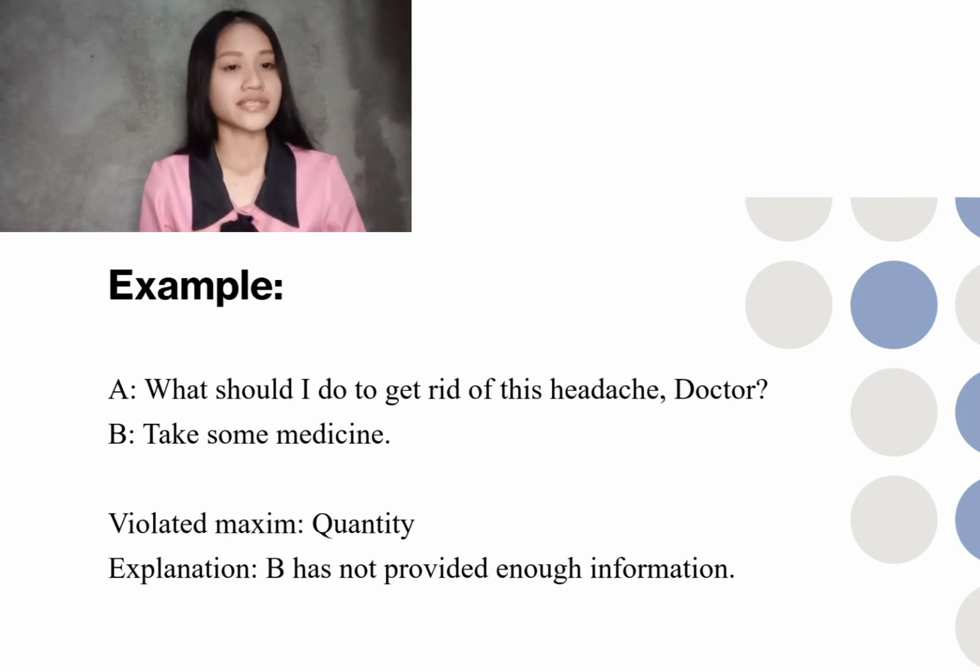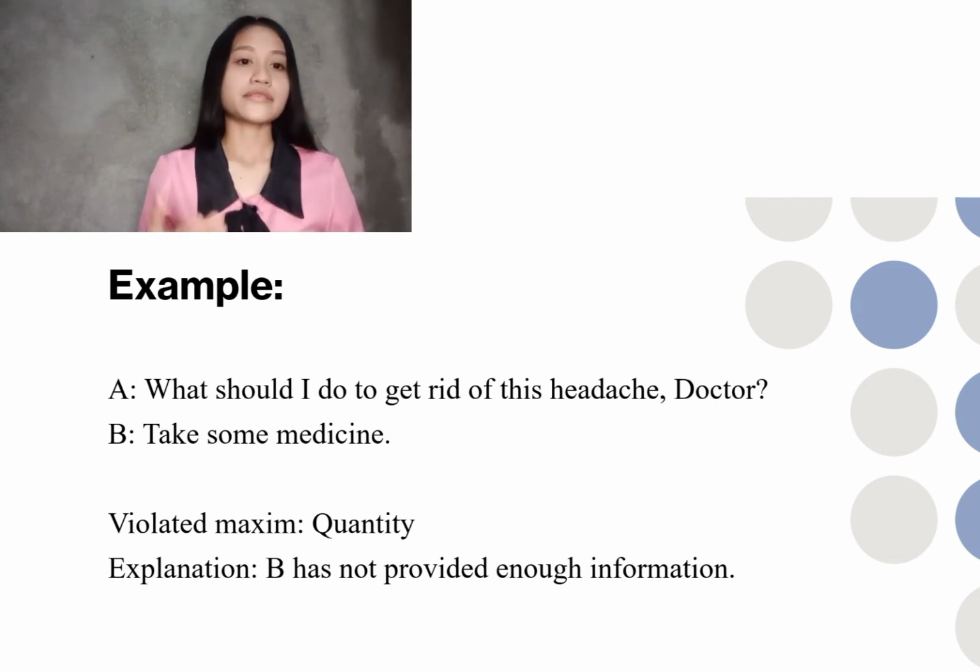We can consider A the patient, asking what to do to get rid of the headache, and the doctor just says take some medicine. So he has not provided enough information for his or her patient.